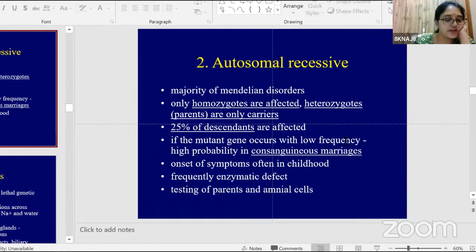Phenylketonuria is a deficiency of the enzyme phenylalanine hydroxylase. In sickle cell anemia, the hemoglobin shape instead of round becomes sickle cell. Sorry, but thalassemia is where the alpha and the beta chains in the hemoglobin are affected.